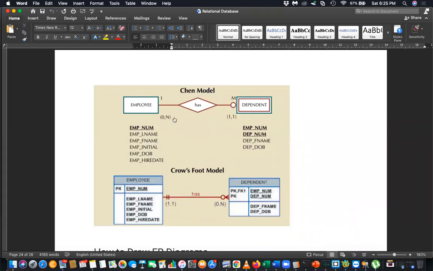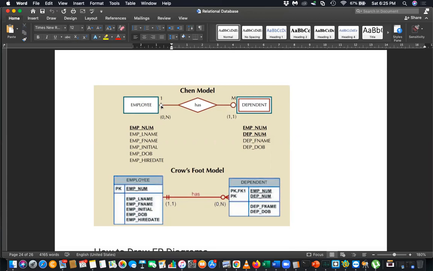But in your syllabus, they are using 1 to M and 1 to N, this kind of notation, the Chen notation. So one employee has many departments. But when you take a department, it has only one employee.